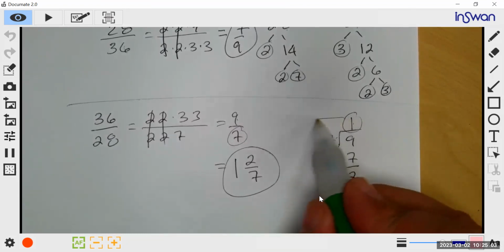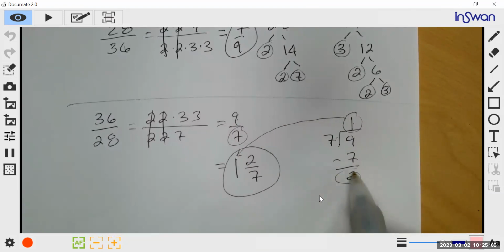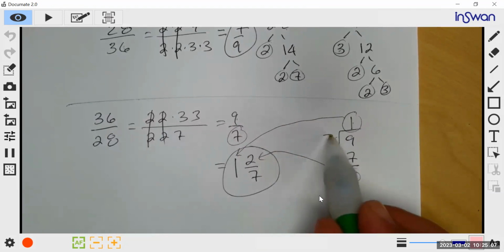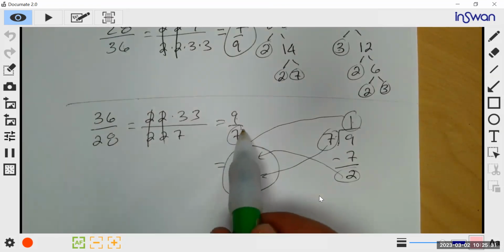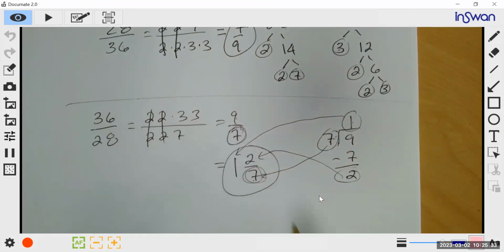So there's your integer, there's your numerator, and there's your denominator. So far, so good? So yes, with improper fractions, you have to do both the factoring part as well as the division part. Denominator must remain the bottom. Right, once you simplify it, the denominator stays on the bottom.